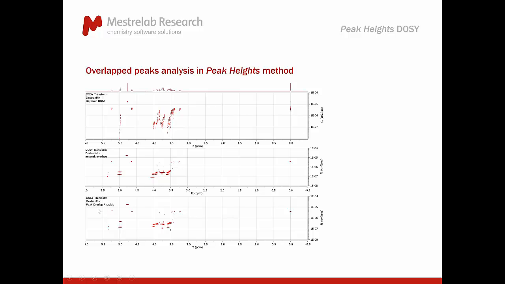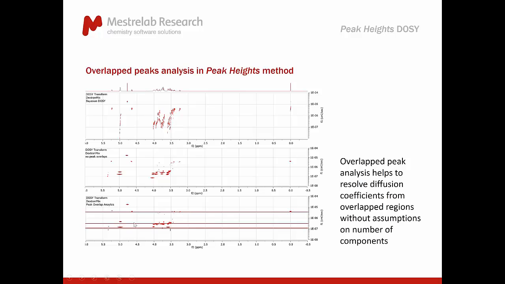And if you actually switch on the overlap peak analysis, then you can start to see that the distribution is bigger. For example, these 2 peaks, I don't know if you can see my mouse cursor, hopefully you can. These 2 peaks at around 5 ppm are split significantly more because these are more correct diffusion coefficients for these 2. And you can see a little bit of split in here and a little bit better discrimination.